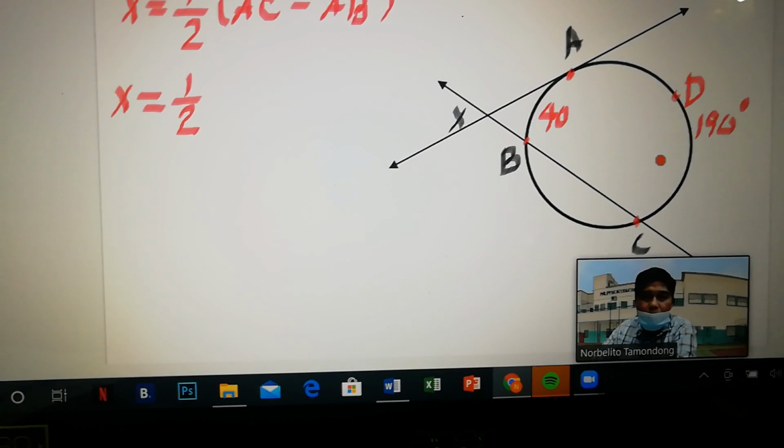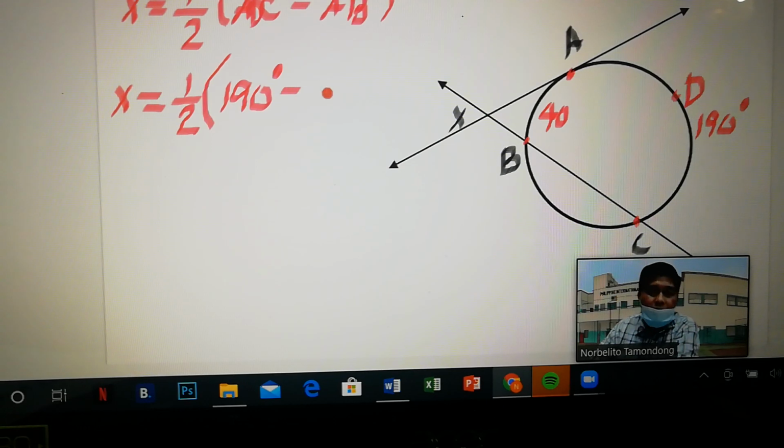So instead of EC, you use EDC, which is equal to, by substitution, 190 degrees minus arc AB, which is 40 degrees.